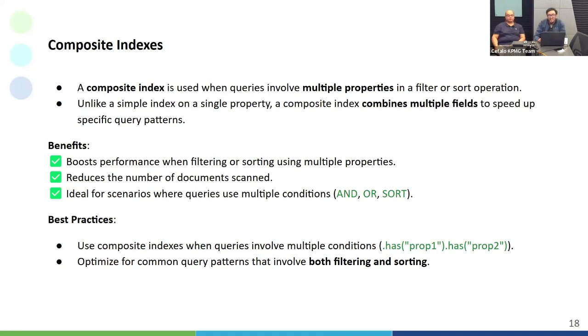There we can use multiple properties, combining multiple things to make a composite index and make our query faster. You can see the example: if the query has multiple conditions, then we need those composite indexes.